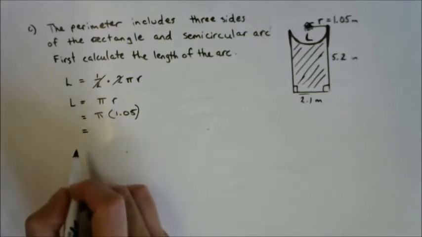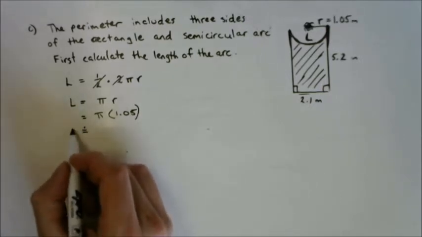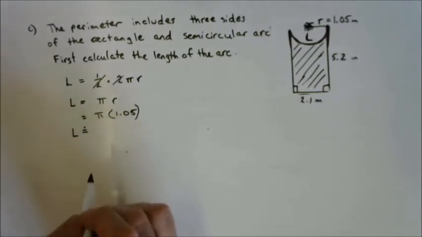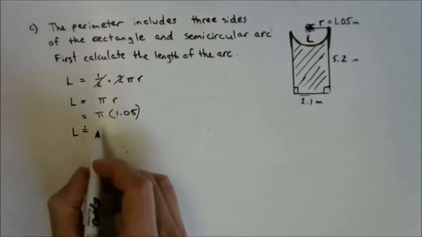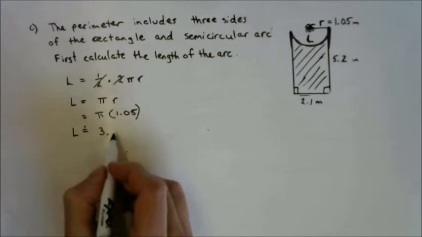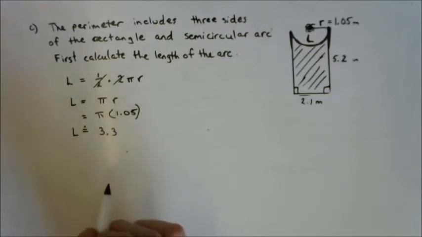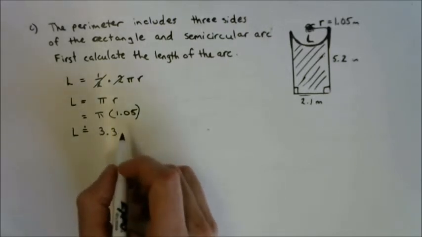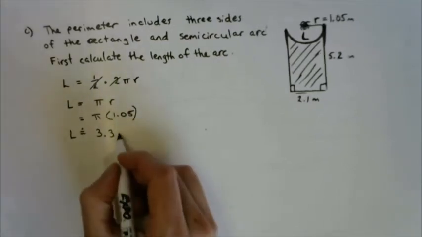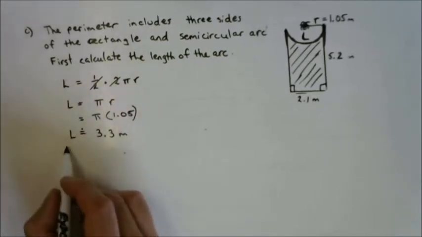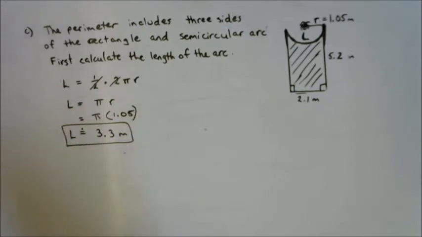Go ahead and use your calculator to do that. 3.329, so we round to the nearest tenth: 3.3 meters. Is it squared? Did we get an area or did we get a length? We got a length, so it's not squared.